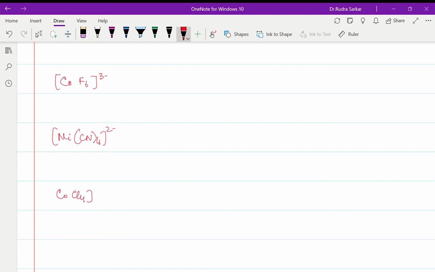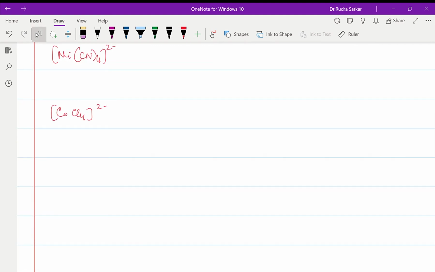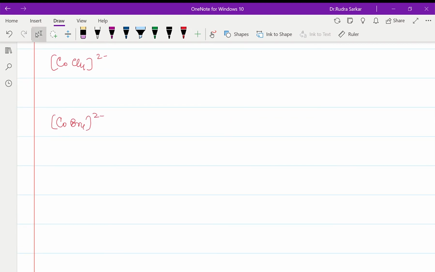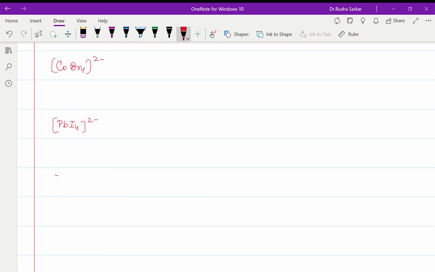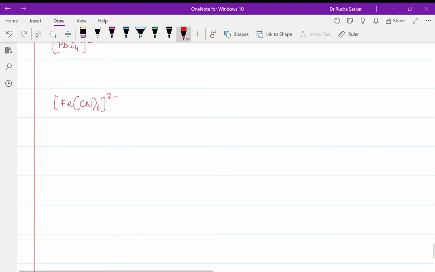Co Cl4 2 minus. Co Br4 2 minus. Pb I4 2 minus. Fe CN6 3 minus. Fe CN6 4 minus.